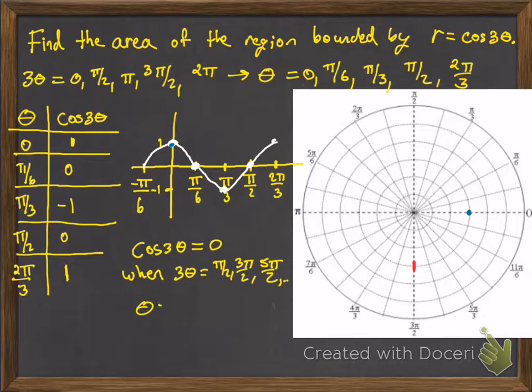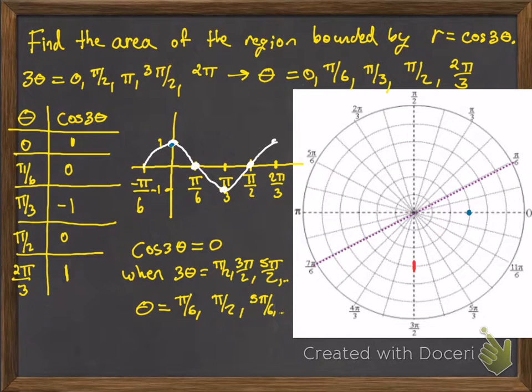Divide all that by 3, and that's going to happen at pi over 6, pi over 2, 5 pi over 6, and later I'll show you that these are actually where we have tangents to the graph. So I've installed the radial line pi over 6.